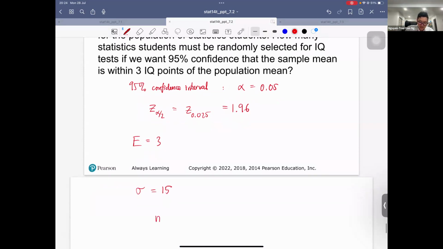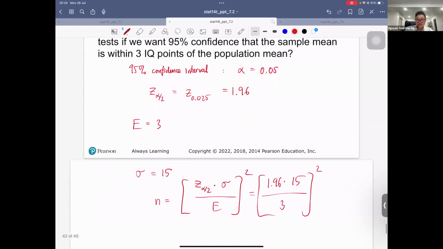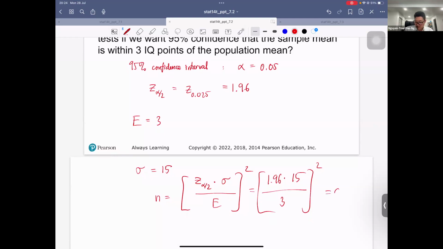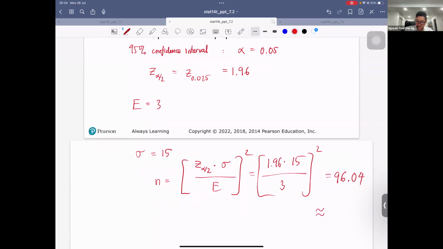That means n equals z alpha over 2 times sigma divided by e, all squared. We already have z 1.96, sigma 15, and e is 3, and we plug everything in to calculate n. Please remember, we need to round up, so it will be 97 instead of 96. We round it to the next whole number.